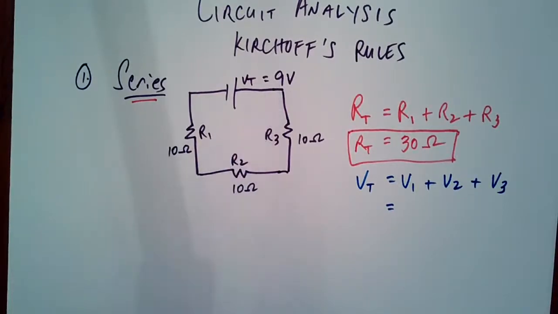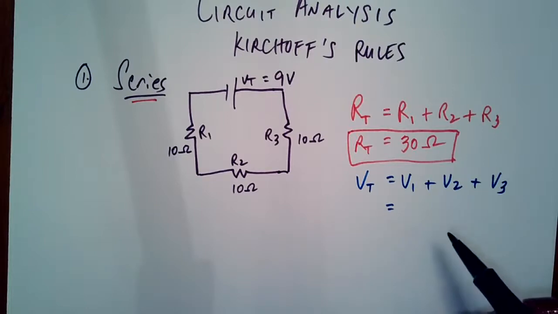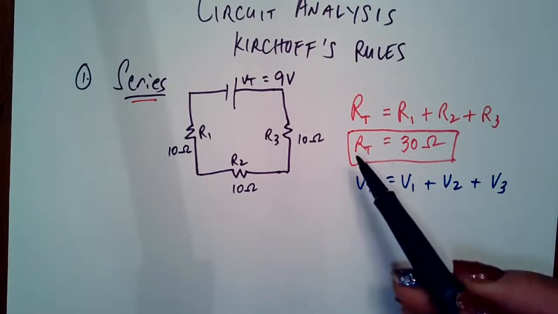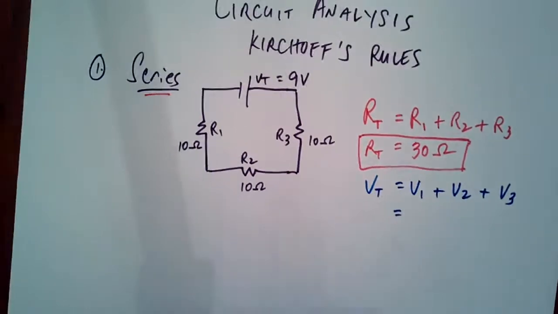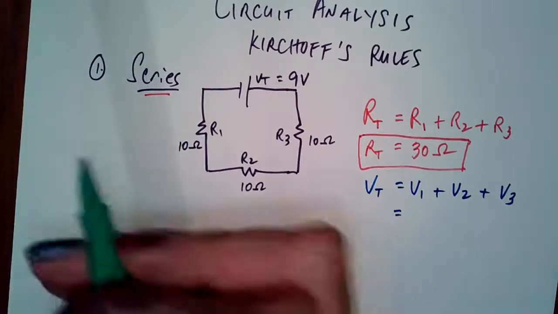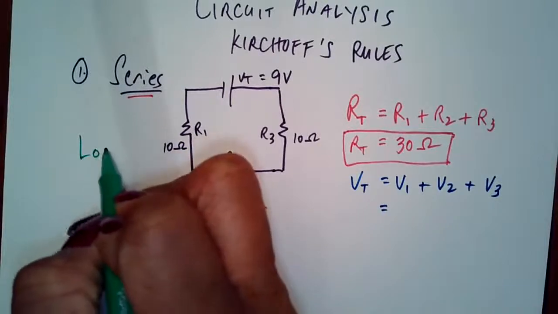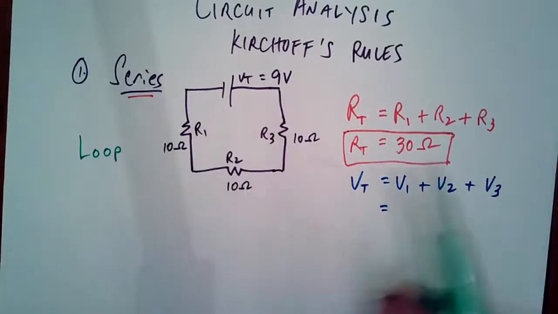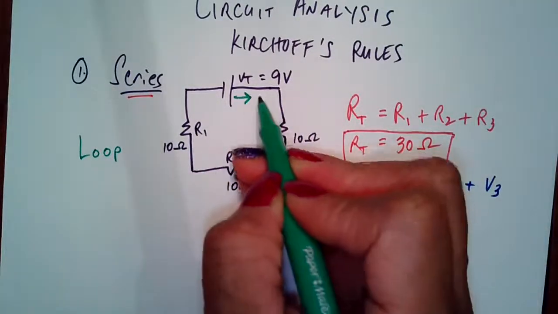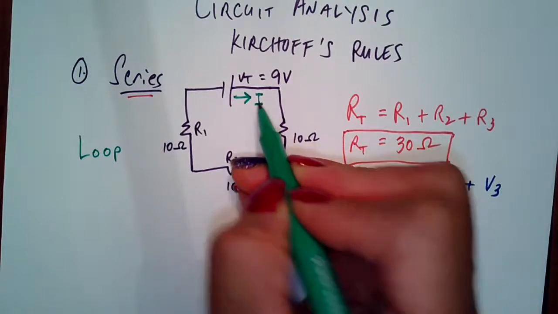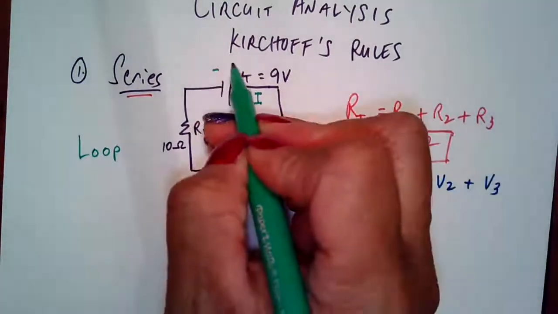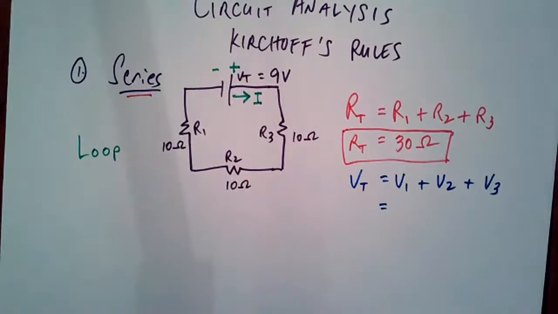So we have an EMF of 9 volts. We don't know the individual voltages yet, but what we do know is that the circuit is just one simple loop. So here is where your current is going to flow. This is your negative end and this is the positive end.